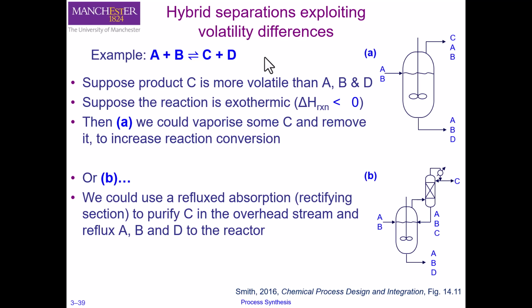But one option can be that if we manage to vaporize C with A and B, we can use the vapor stream, condense it, and return the reactants back to the reaction, and maybe some of the C as well, and that will keep the reaction going in the forward direction. So we can keep on removing C from the system and keep on refluxing A and B to the reactor to keep the reaction going.